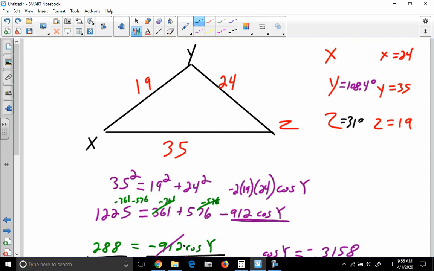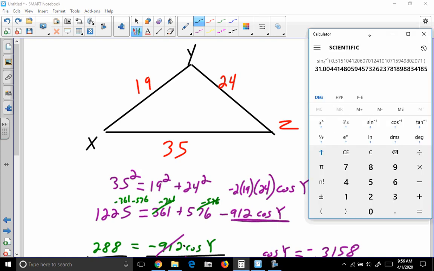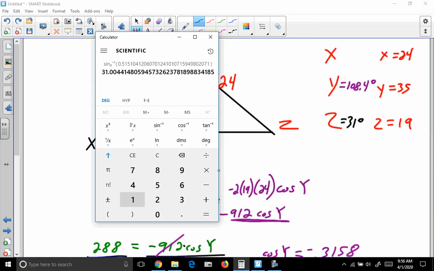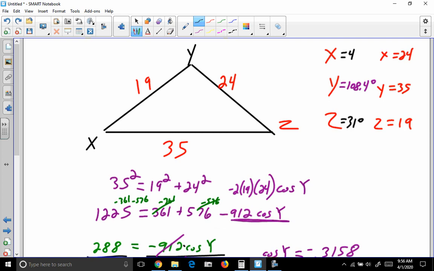And once we have two angles, we can subtract them from 180 to get the other angle. So 180 minus 108.4 minus 31. So 40.6 is our remaining angle.